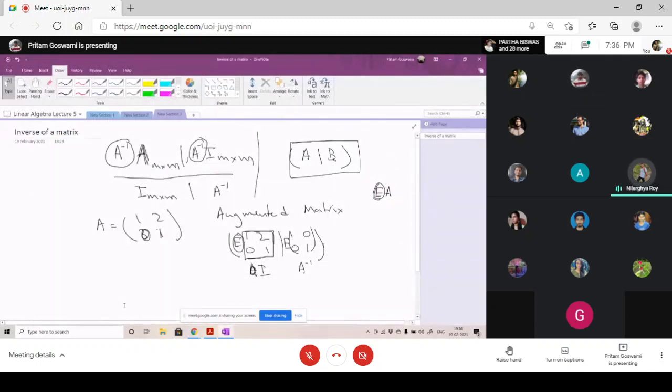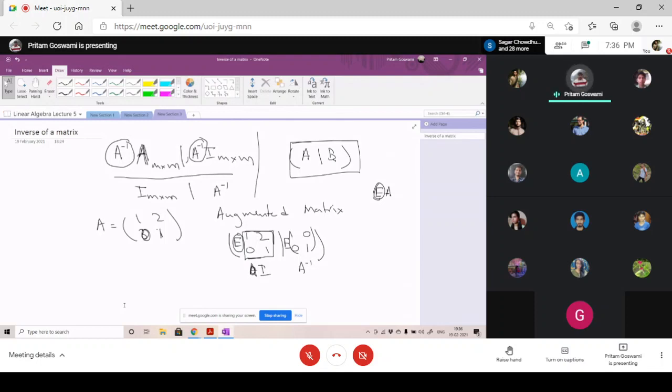Sir, one question: what is the significance of the augmented matrix? The significance is basically that it is just a notation. By writing like this, you get two matrices side by side, so you don't have to do it separately.